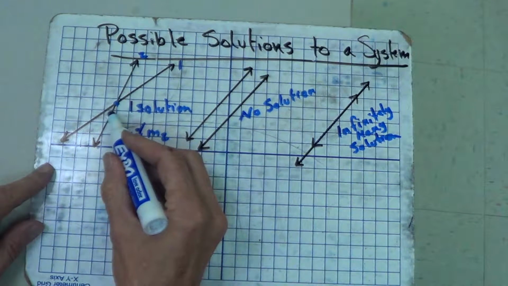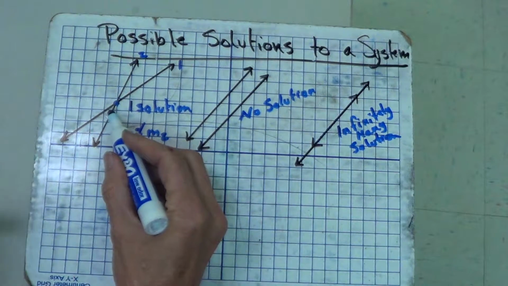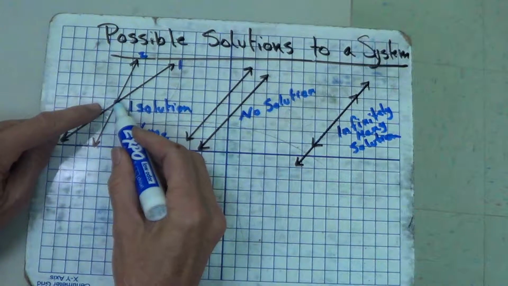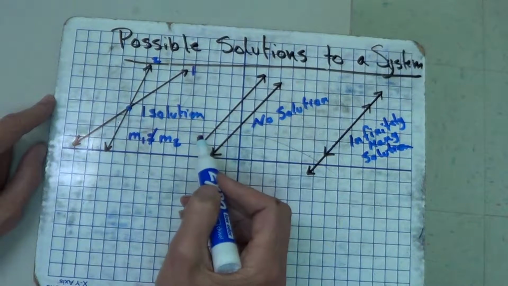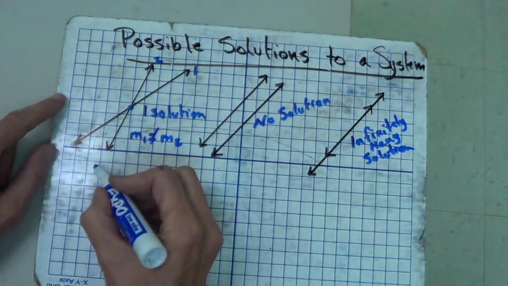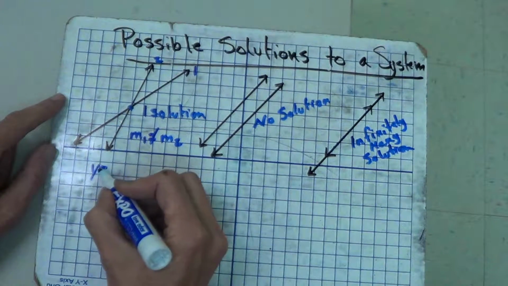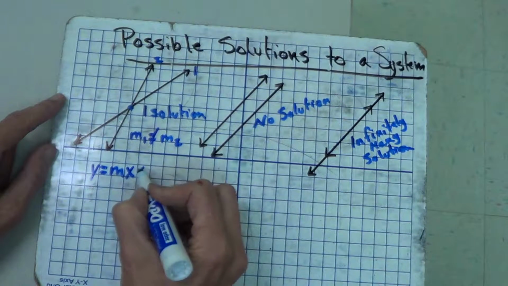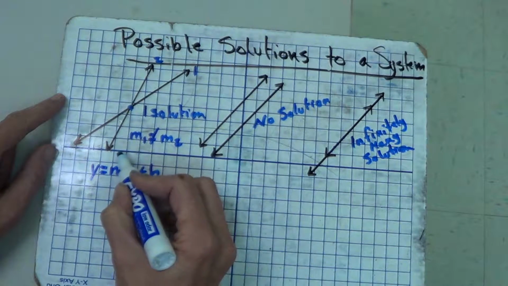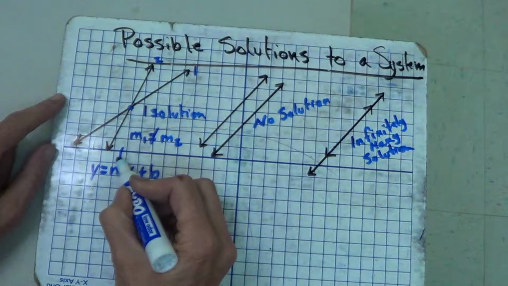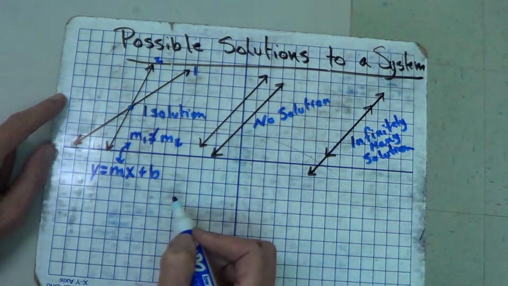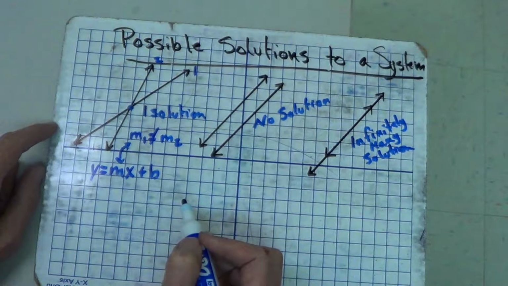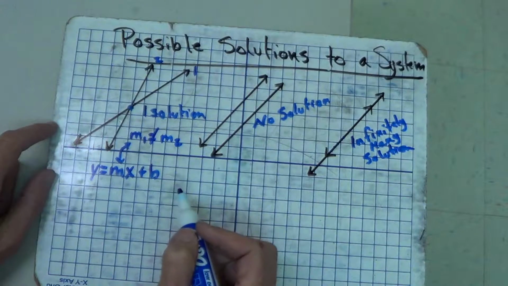Now, their y-intercept could be equal if it did happen to be on that point. So we can't say anything about the y-intercept really. Okay? Remember, I'm talking when they're in the format y equals mx plus b, our most common graphing format. So the m will be different. I'm sorry, I almost got that wrong. The m will be different when they have just one solution. The b may or may not be the same.